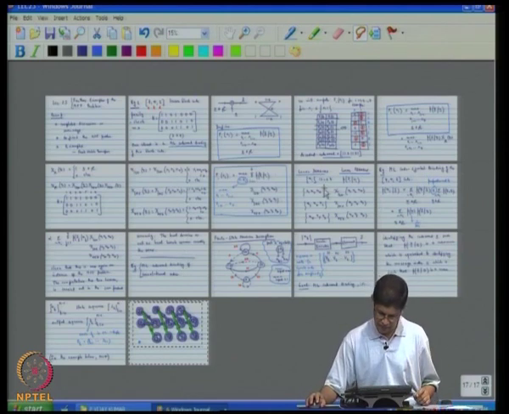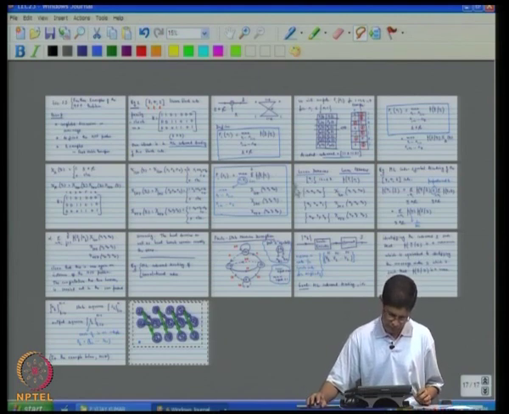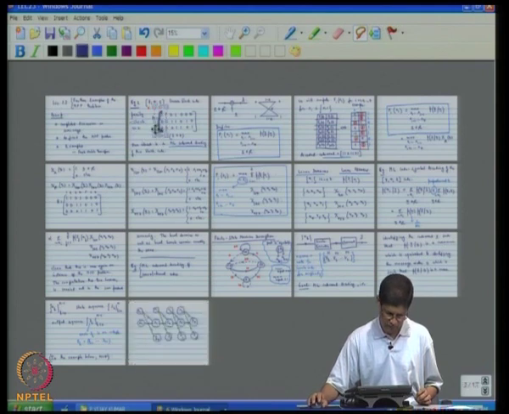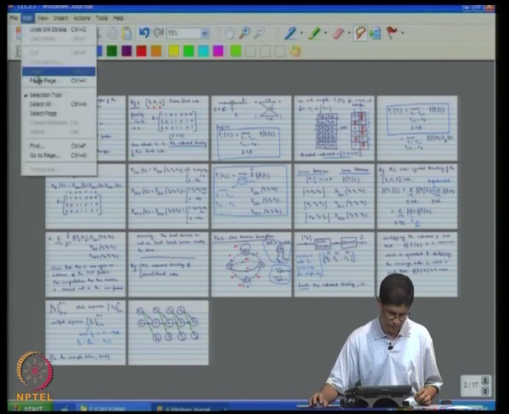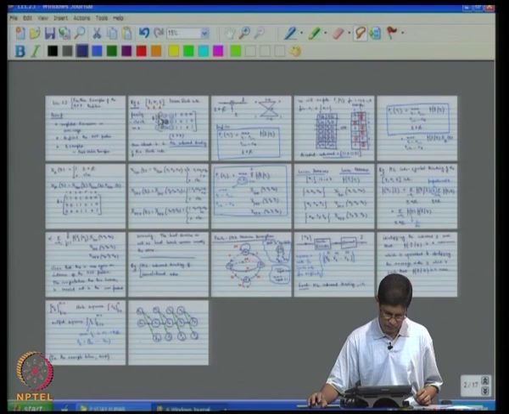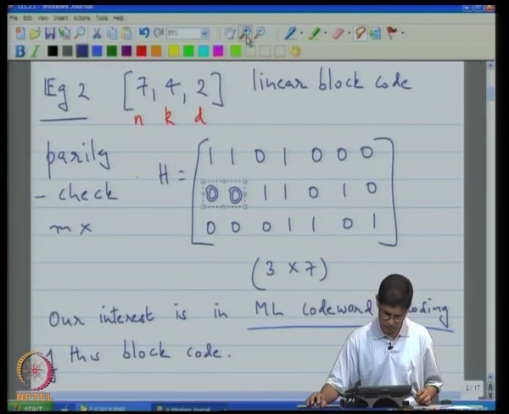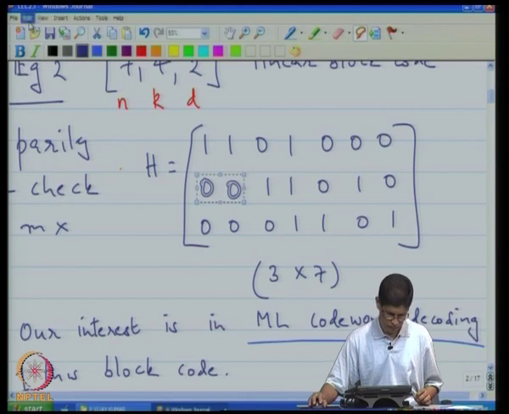This is the page that I want, and I am interested in the decoding of our code. I am going to select this page and copy it.